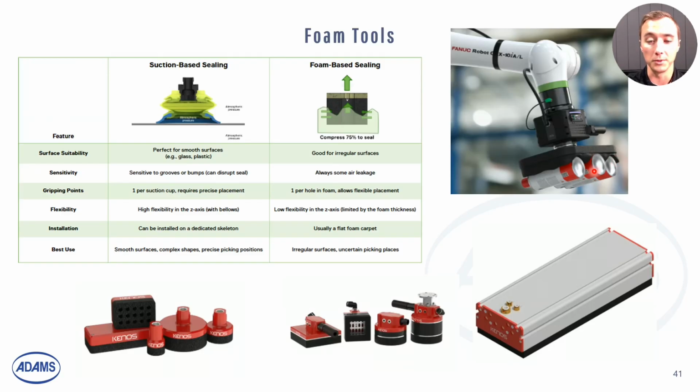The foam tools are always going to have some air leakage, but they're a very flexible and, I'll say, robust option when they're needed. You can also build systems with foam tools that include check valves and other options. So it's a great option to have at your disposal if needed.